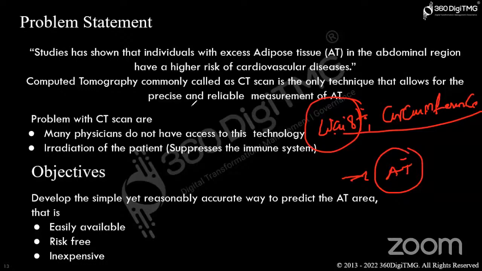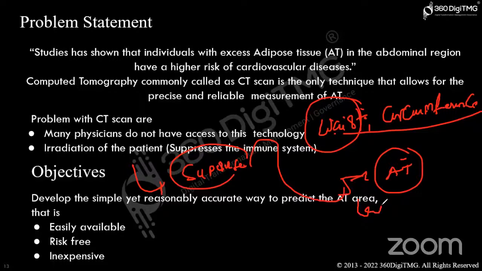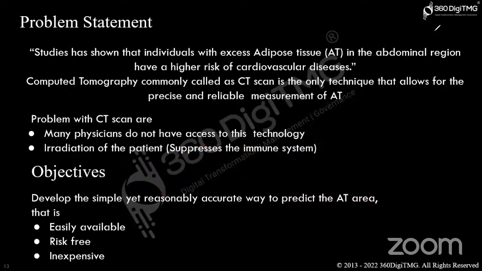So obviously it is what? Supervised learning. So we have to have one label. Here the label is adipose tissue, and we'll have waist as an input variable, or you can say input feature. So this is the problem statement.